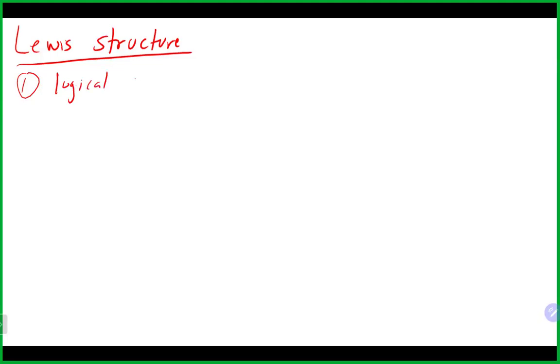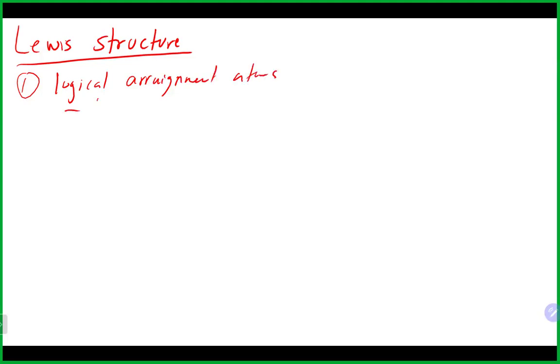We finished up talking about drawing Lewis structures, and we talked about the steps you want to follow to draw Lewis structures for covalently bonded, or molecular, compounds. Really, you want to think about the logical arrangement of the atoms.